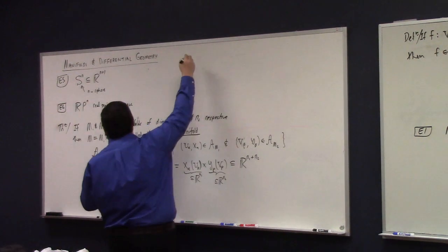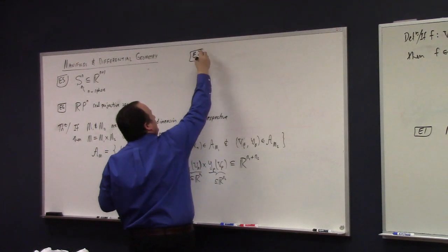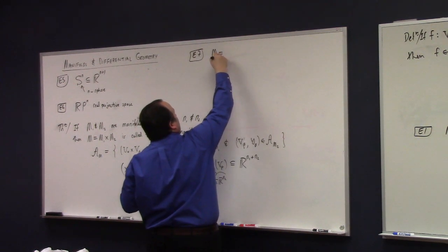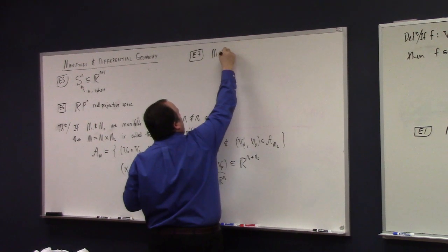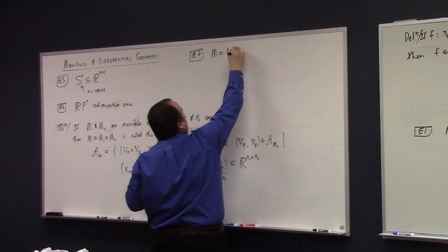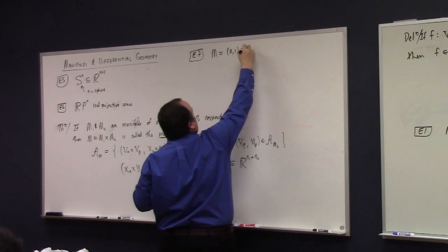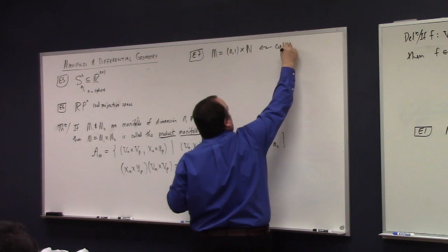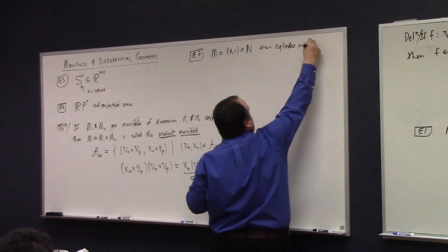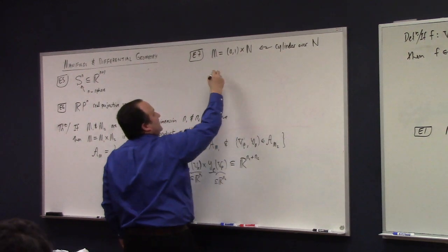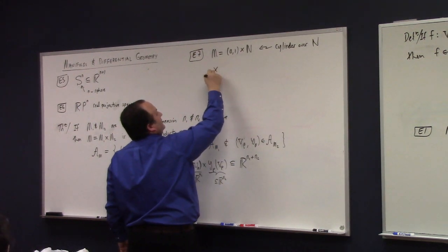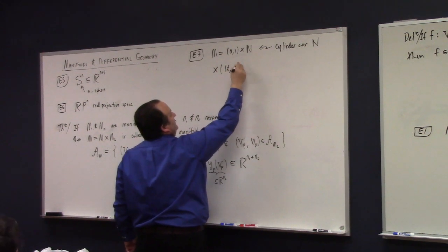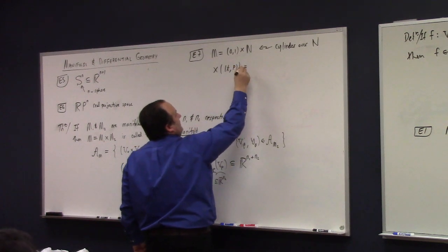Another example, 7. You could let your manifold be something like M equals (0,1) Cartesian product with a manifold N. This would be a cylinder. You could say a cylinder over N, right? And the chart on this thing, it's something like we take the real number t and we take the point, let's say p in N, and what do we map that to?